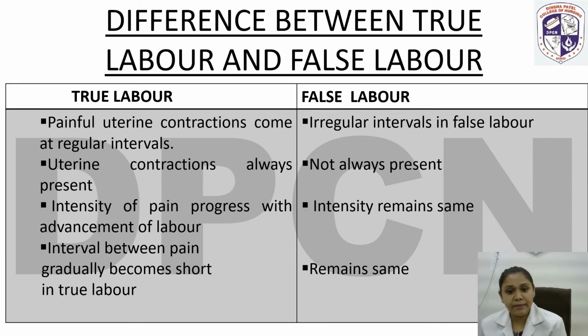Intensity of the pain progresses with the advancement of the labor, right? And in false labor the intensity remains the same. There is no change at all in false labor pain. Another, the interval between the pains gradually becomes shorter in true labor pain. In false labor it remains the same.